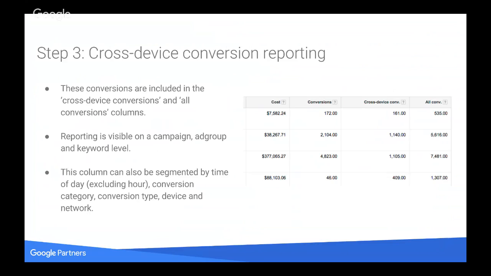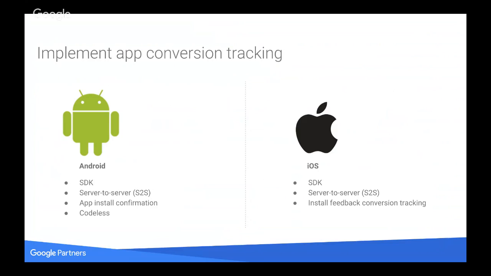And this can be added either at a campaign, an ad group, or at a keyword level. So this helps you understand which keyword has come into play, where a user may have seen your ad on a mobile device and then converted on a desktop device, and essentially any combination of these devices that you can think of.